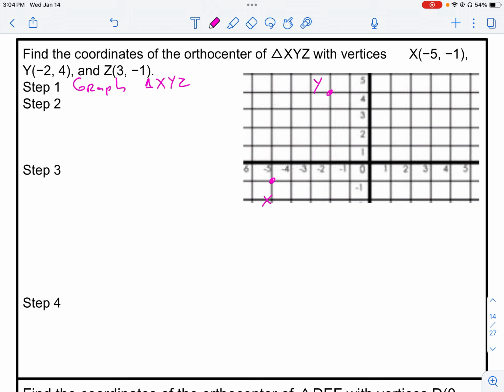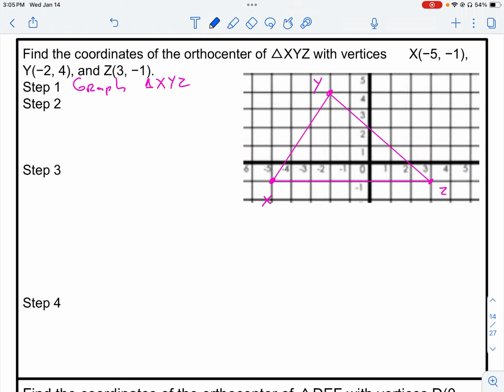And Z is at 3, -1. So we're drawing in this triangle here. And we want to find the orthocenter, so that means the point where all three of the altitudes are concurrent.